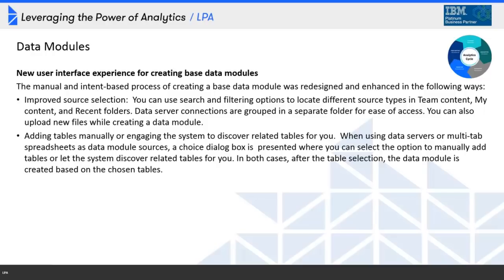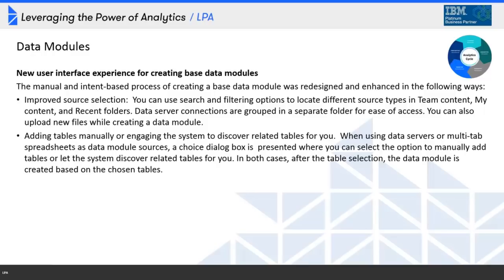One of the new features is the interface when you first launch and create a brand new data module. The way that you access your data sources has changed, and I think is a bit more optimal. Also, the way you access the intent-based modeling feature has changed.